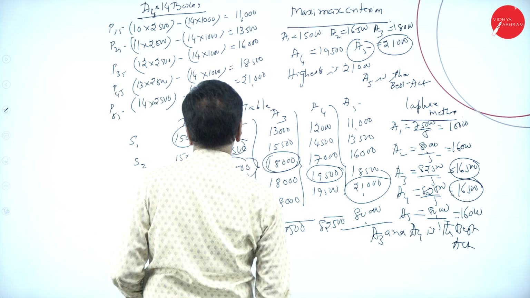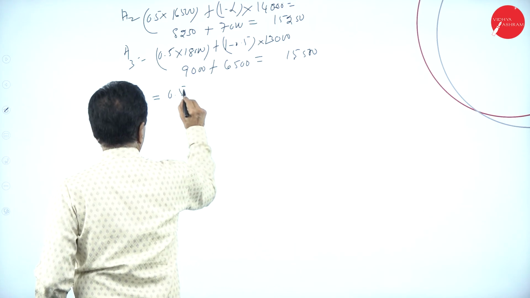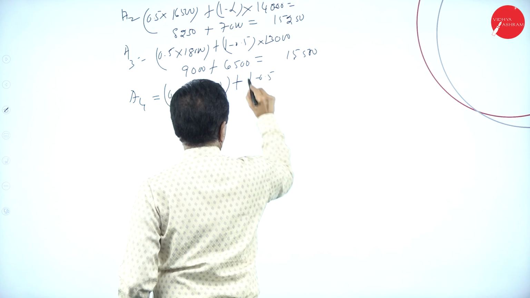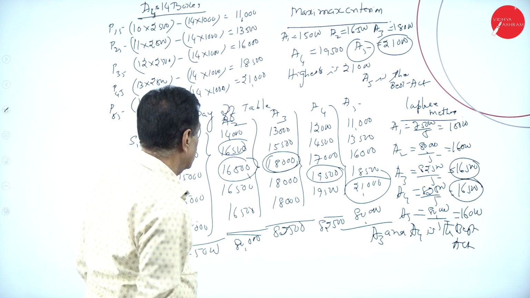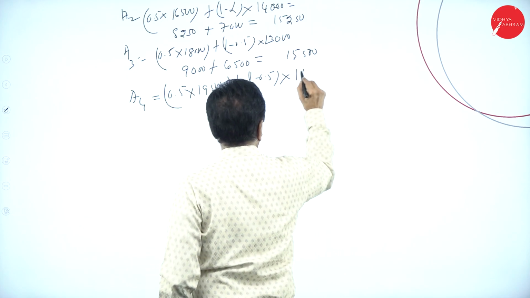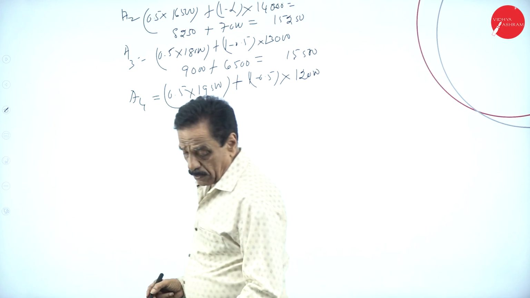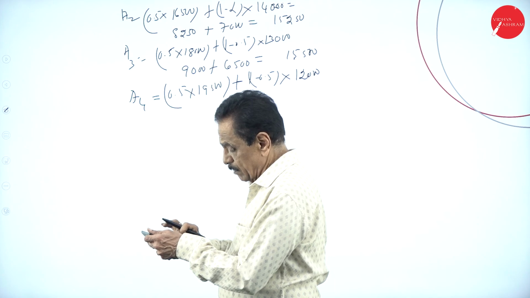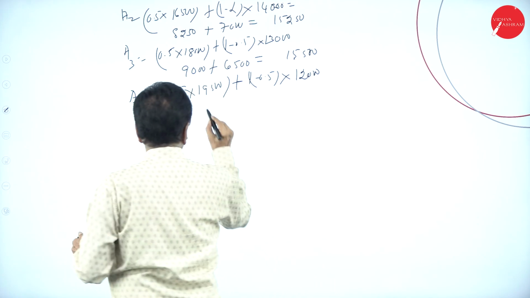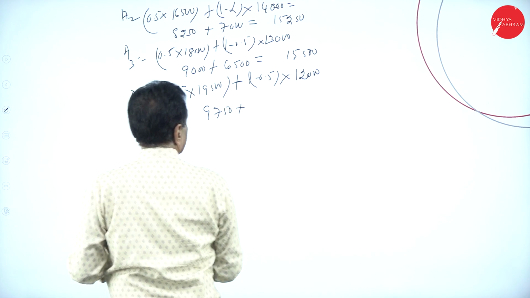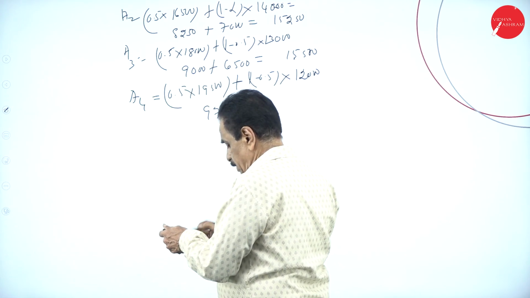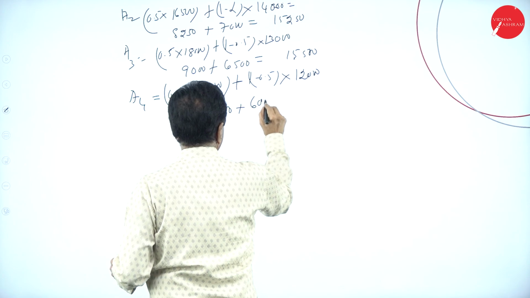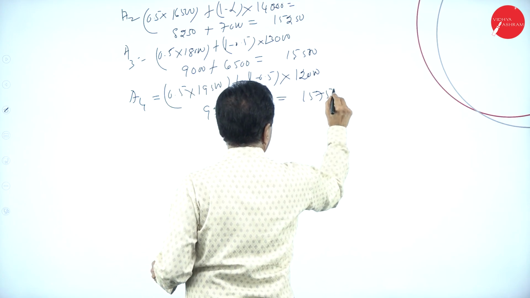Lowest is 12,000. 0.5 into 19,500 plus 1 minus 0.5 into minimum 12,000. 19,500 into 0.5 is 9,750, plus 12,000 into 0.5 is 6,000. That gives 15,750.